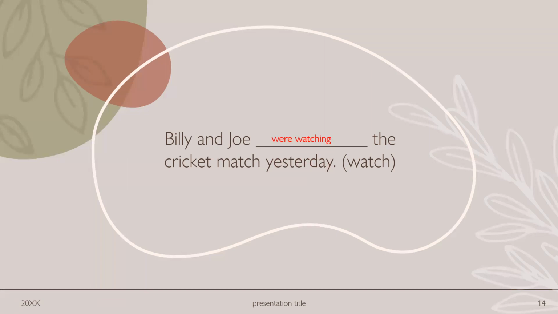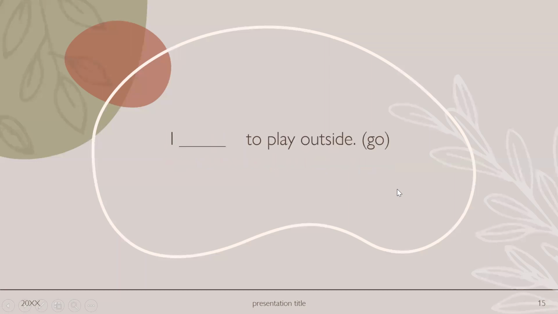Why? Were, first of all, because there are two people, Billy and Joe. And were watching tells you that it is the past continuous tense. Why? Because you find the word yesterday in the sentence. That clearly indicates that it happened in the past. Then you add watch and ing. Try this.